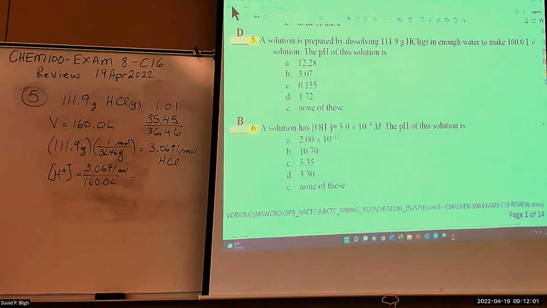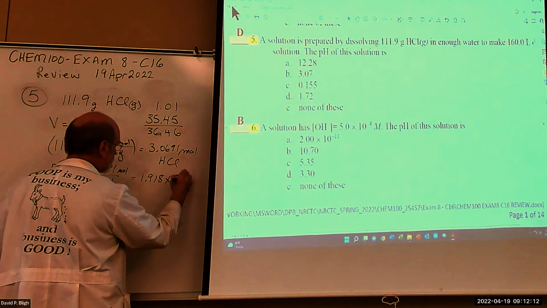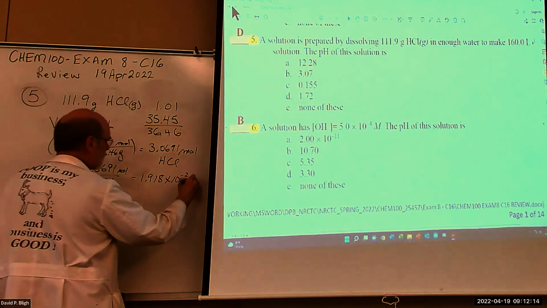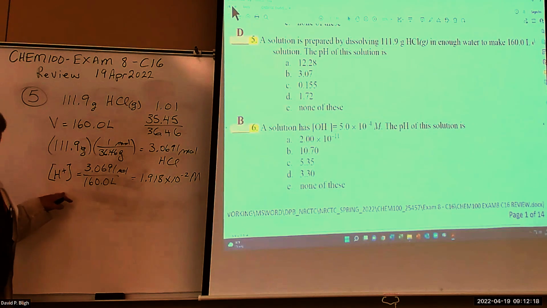And I get 1.918 times 10 to the minus 2 molar. That's the hydrogen ion concentration.